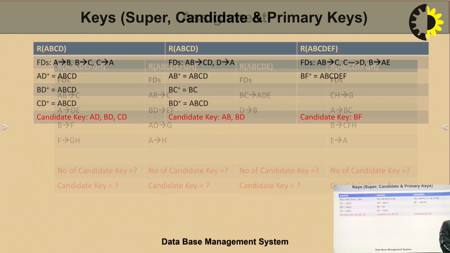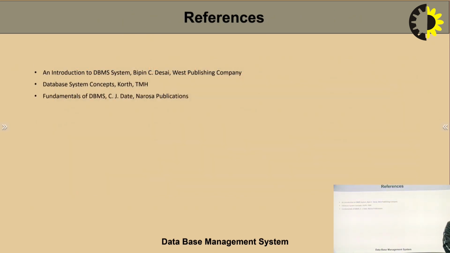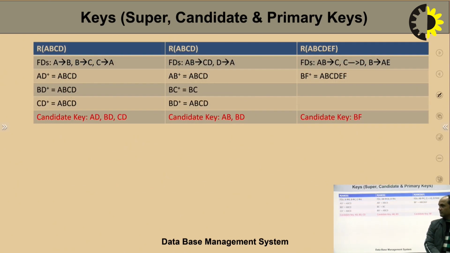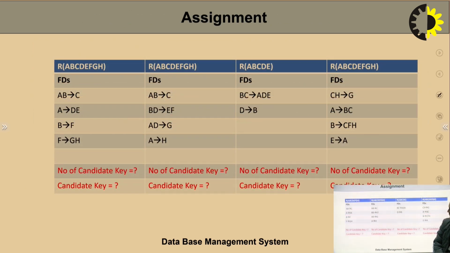In these examples, we can also find the candidate key and super key concepts. In the concept of keys, these are three examples for practice purposes: how to find the keys, how many candidate keys there are.